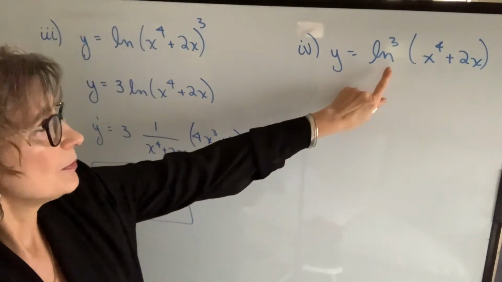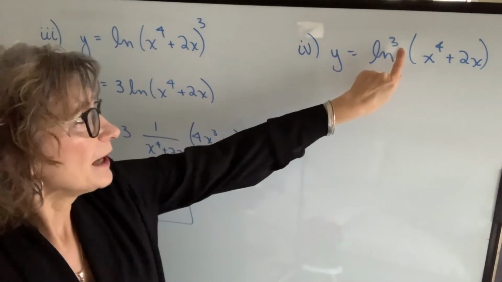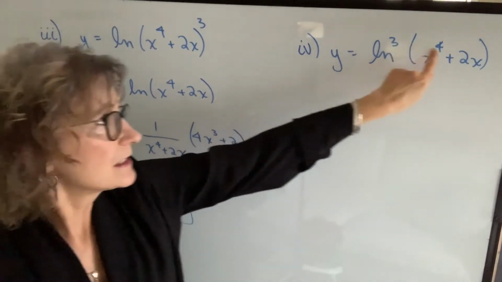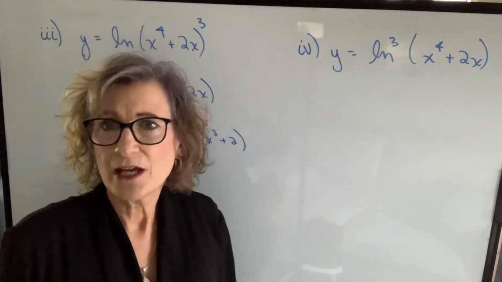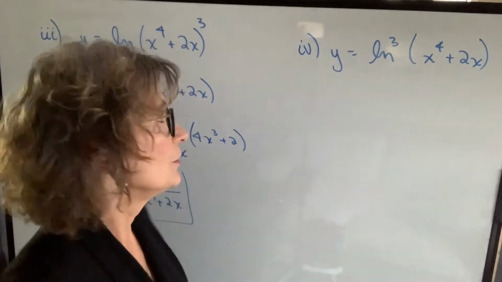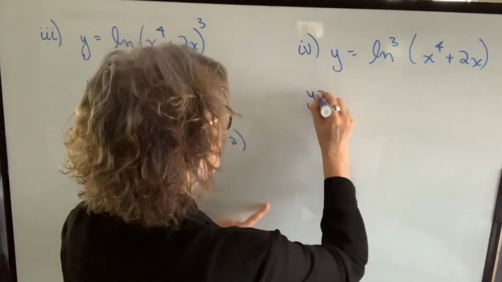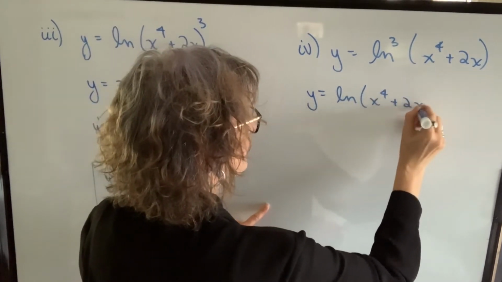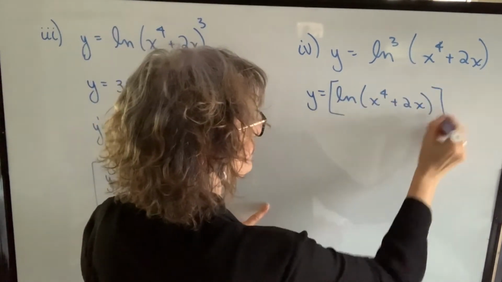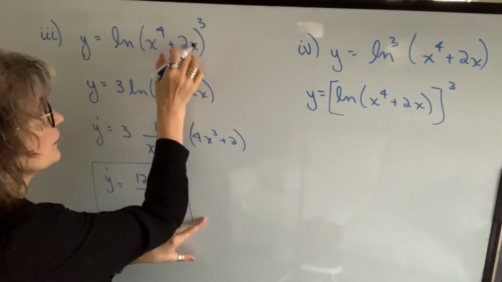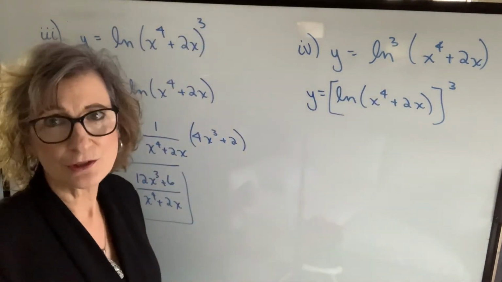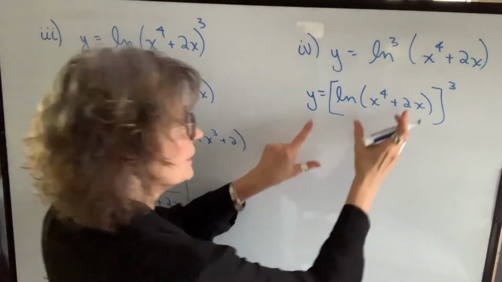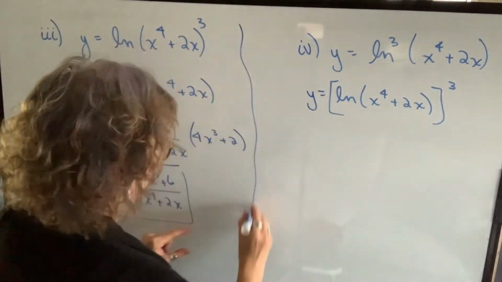This next example looks very similar, but the power is on the log function. It's not on the quantity, therefore we have no properties to use. You have to think of this as being the natural log of x to the 4th plus 2x. This whole function is cubed. My property only works when only the quantity is raised to a power. So in this case, I do have to use my power rule.